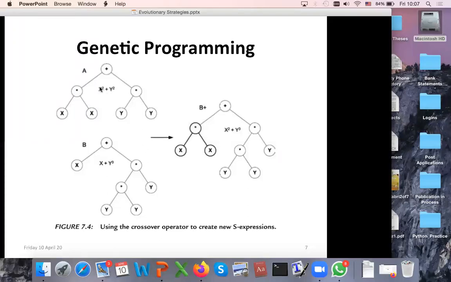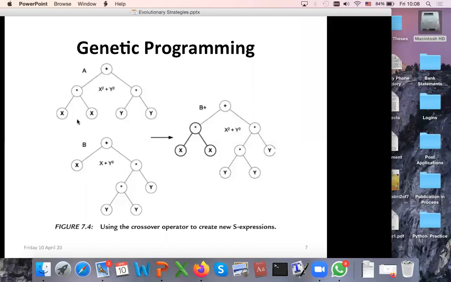So in this slide, we have one expression, x square plus y square, and then we have another expression, x plus y square. This is the tree for this expression, and we are calling it A, and there is another tree for the expression x plus y cube, and we are calling this tree B. If we mix these expressions with each other, what will we get?